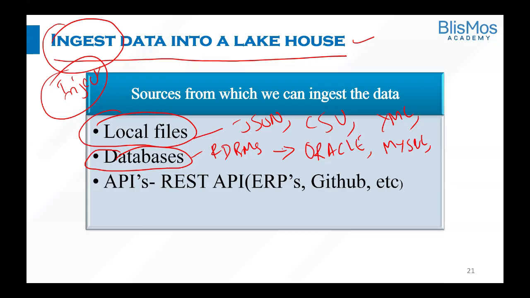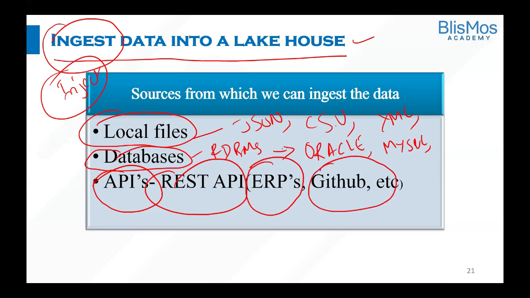And also, we can ingest the data from an API, that is Application Programming Interface. One example is using the REST API to get the data of ERP systems, or from GitHub. By connecting to the ERP system through REST API, we can get the data into the Lakehouse.